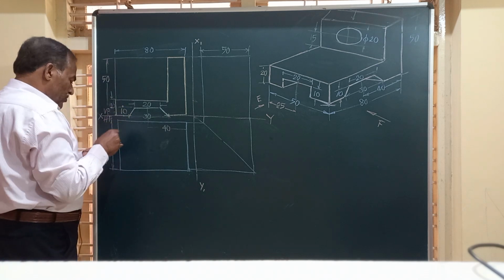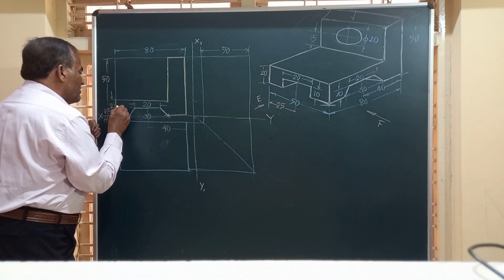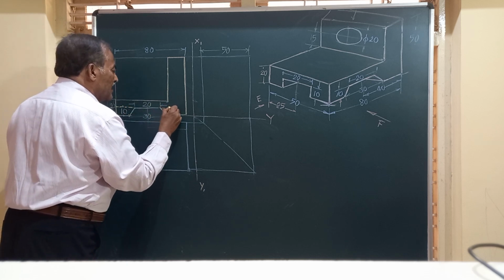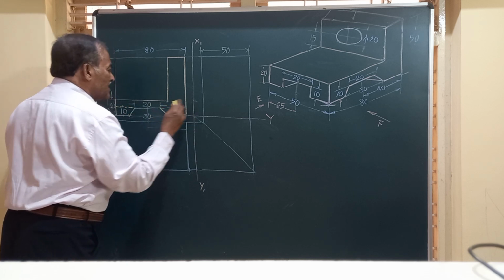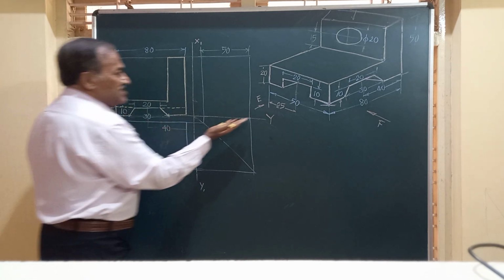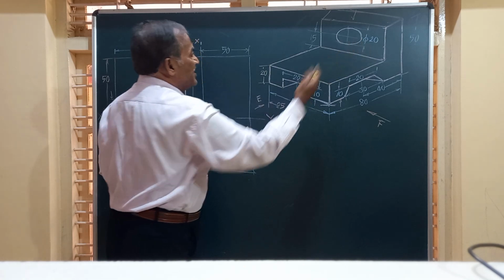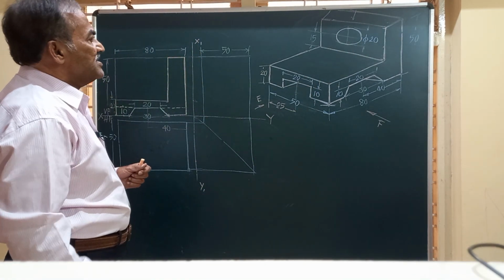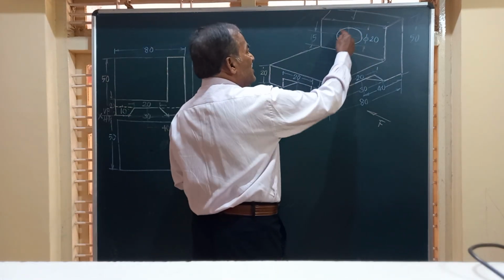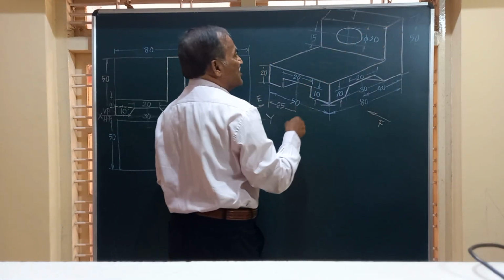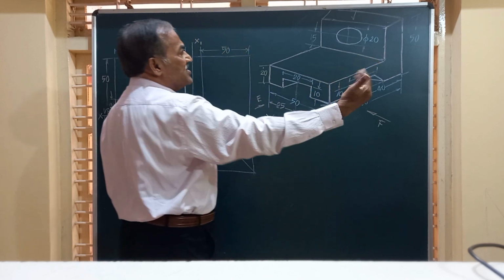So I am going to mark that by an invisible line, a dotted line having the same thickness, the height is equal to 10 mm. This indicates that there is a slot going throughout the length of 80 millimeter. Friends, what else do you see? There is a hole drilled here on this piece perpendicular to that. That is not visible in this view.